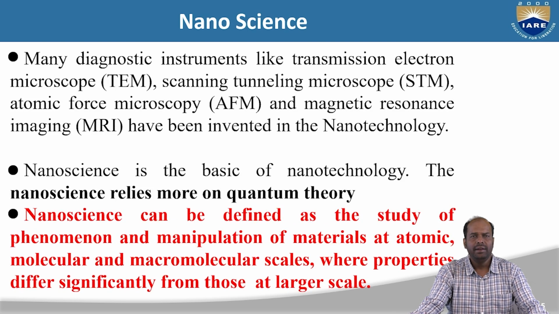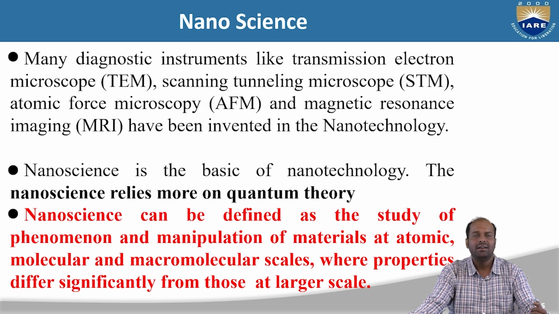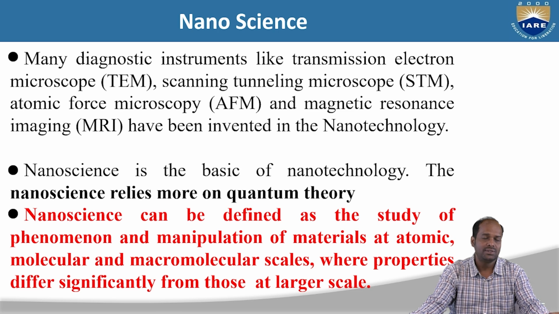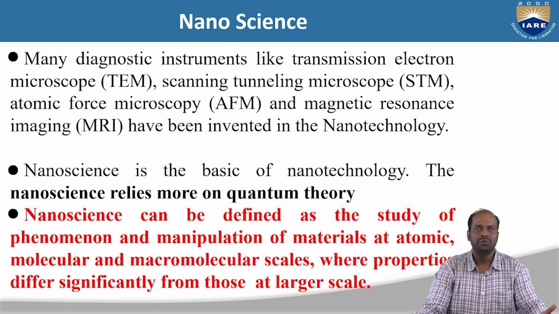Next, in nanoscience, what are the things we are going to diagnose? Many diagnostic instruments are needed: how can we see something this small? One kind of instrument is required to see how small a nanometer is. Different types of instruments have been developed by many scientists.